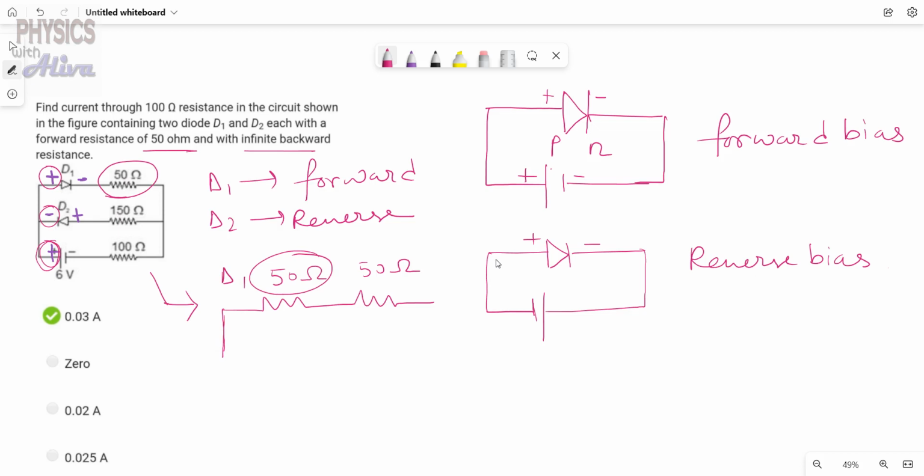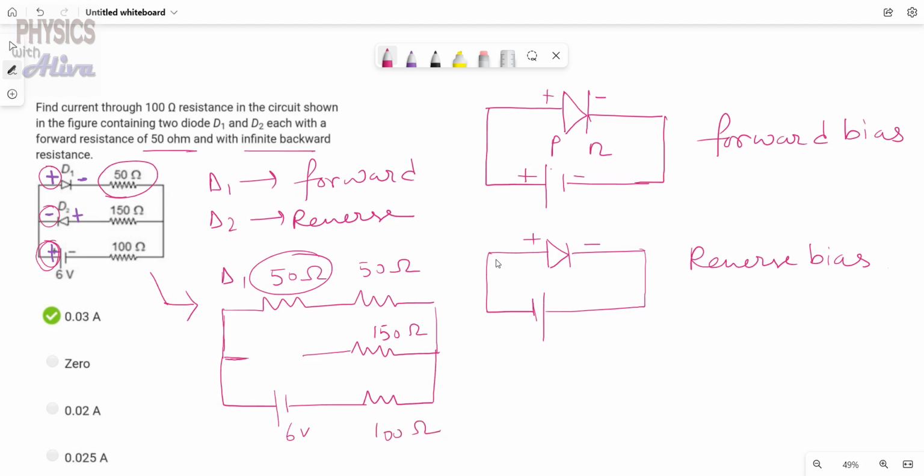Forward resistance means resistance in forward bias condition, and reverse resistance is similar to the backward resistance, right? So the resistance of D2 is infinite. Infinite resistance means actually the circuit is not connected, right? And we will draw this 150 ohm here. This is 150 ohm and this is the battery of 6 volt and this is 100 ohm.